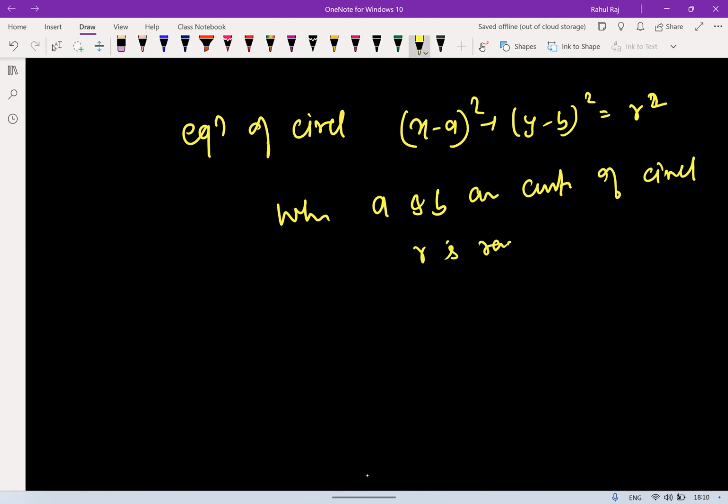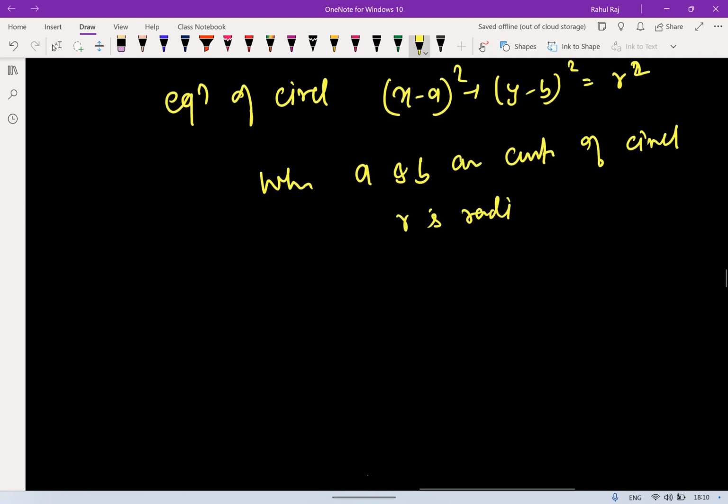Simple. So imagine I write (x minus 5) whole square plus (y minus 2) whole square is equal to 4 square. This means the center of the circle is (5, 2) and you are drawing a circle of radius 4.